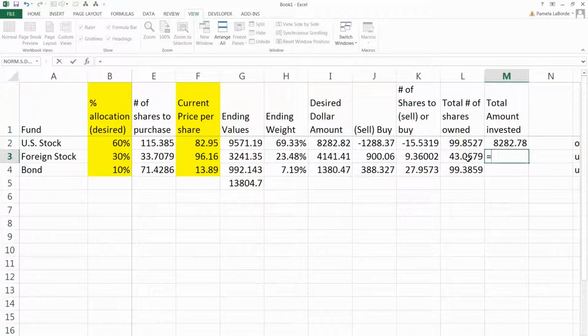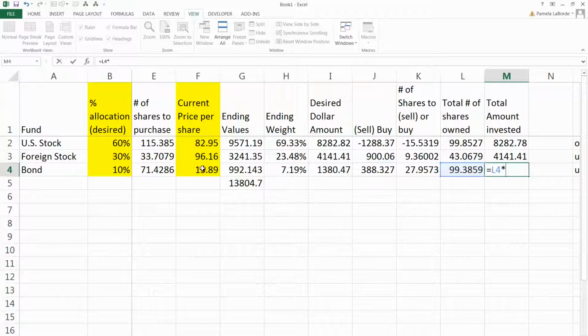For the foreign stock fund, I now own 43 shares. They're trading at $96 each. This is how much I now have invested after I buy an additional 9.3 shares, 4,141. That agrees with how much I wanted to have invested in it given my 30% weight. For the bond fund, I now own 99.39 shares.